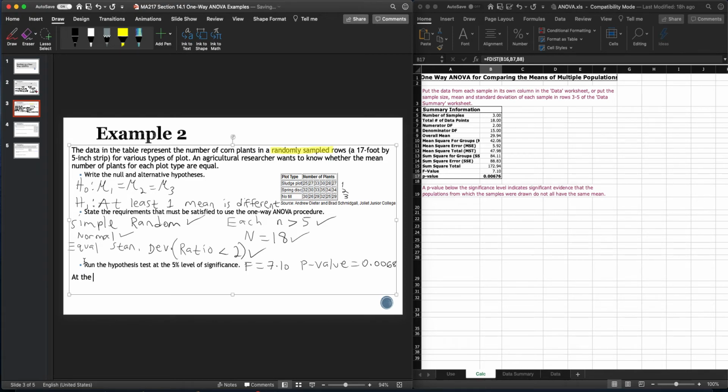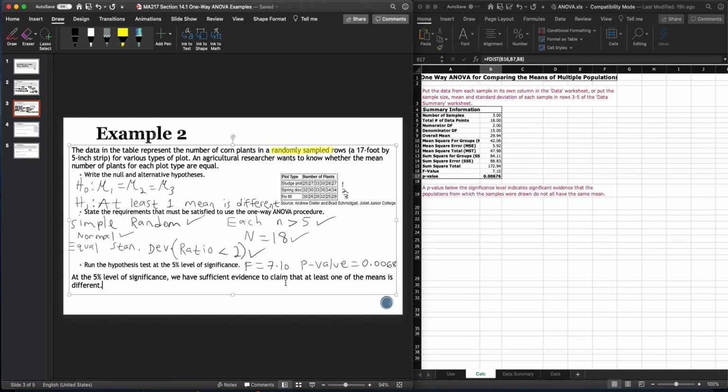This would be at the 5% level of significance, we have sufficient evidence to claim that at least one of the means is different.